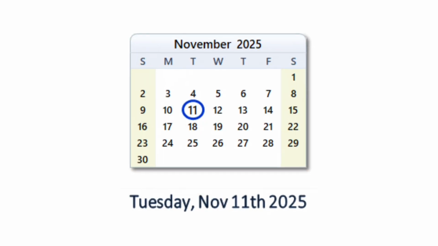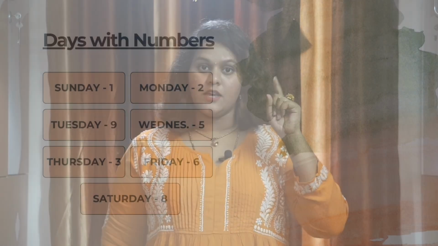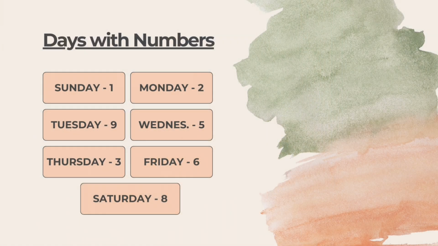So 11th November is coming on Tuesday in 2025. If your birthday is coming on Sunday, the number to be taken is 1, on Monday 2, on Tuesday 9, Wednesday 5, Thursday 3, Friday 6 and Saturday 8. So as 11th November is coming on Tuesday, we will take number 9.